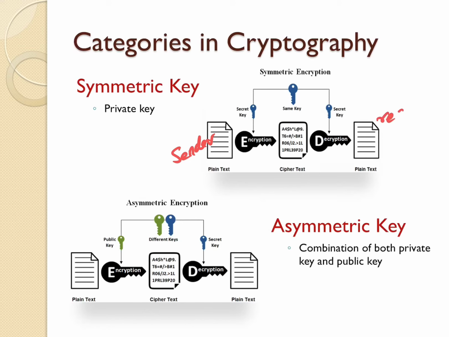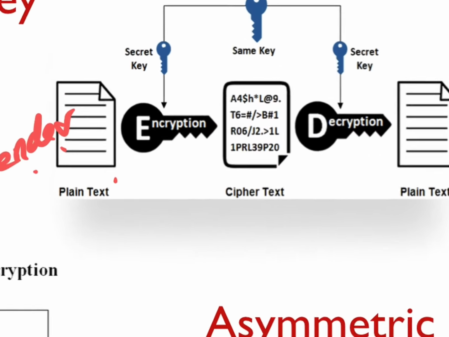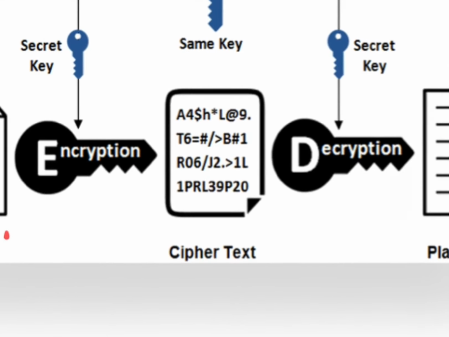There is only one key used between the sender and the receiver. Using this private key, they encrypt the plain text, and then they send it to the network.